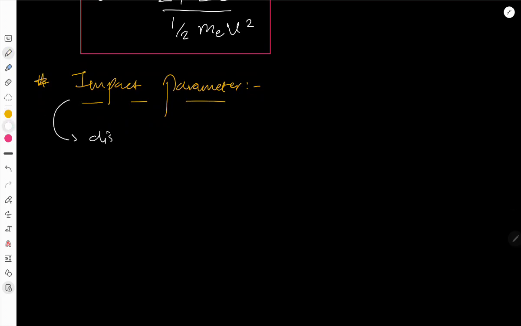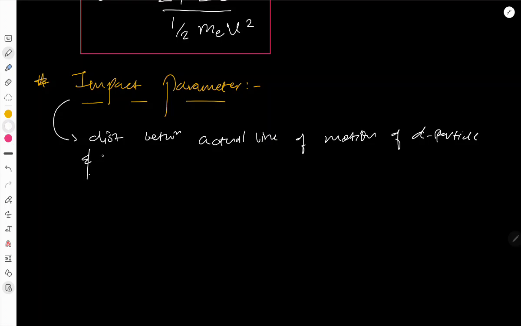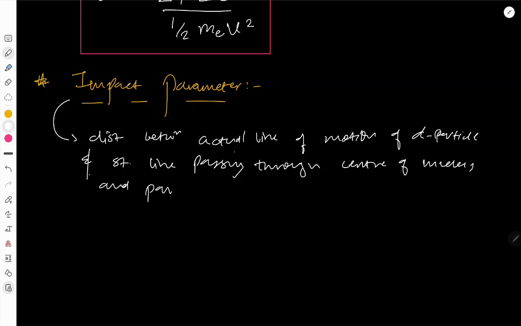It is the distance between the actual line of motion of the alpha particle and the straight line passing through the center of the nucleus and parallel to the line of motion of the alpha particle.